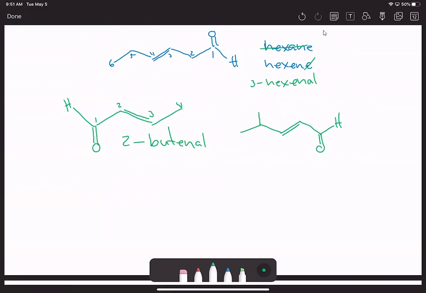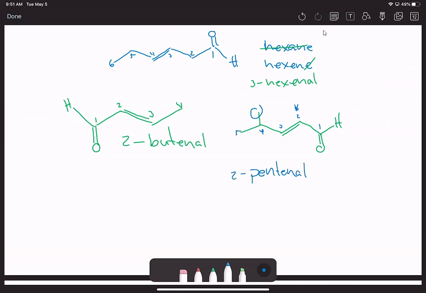So this is about as complex as it's going to get, having these both in here. So let me number them: 1, 2, 3, 4, 5. Here I have a branch at carbon number 4. I have a double bond that begins on carbon number 2. So instead of pentane, it's pentene, that begins on carbon number 2.